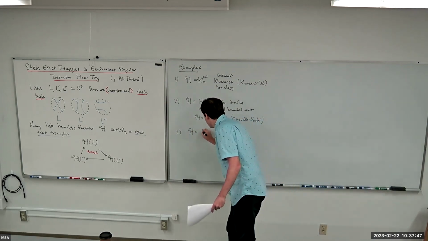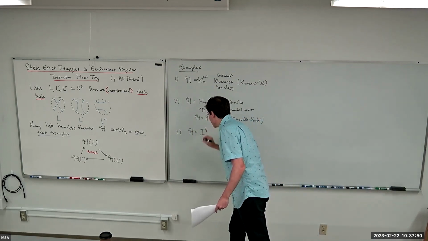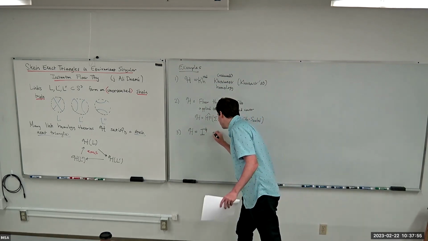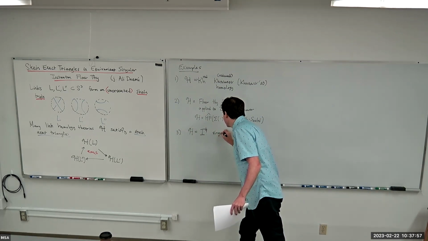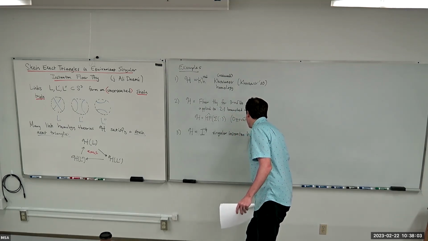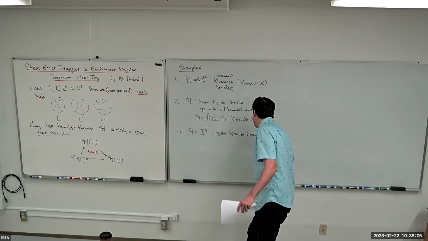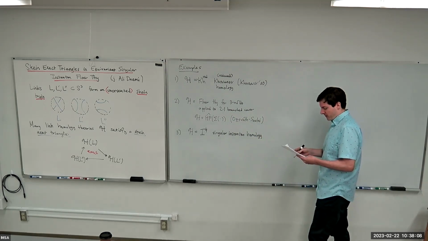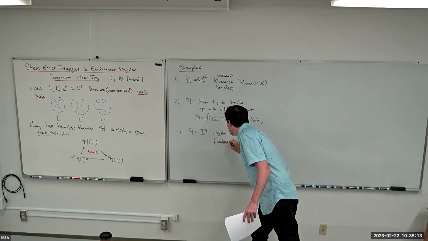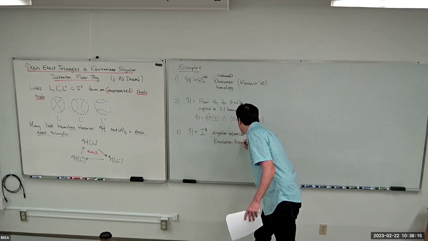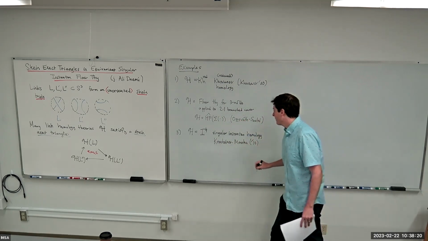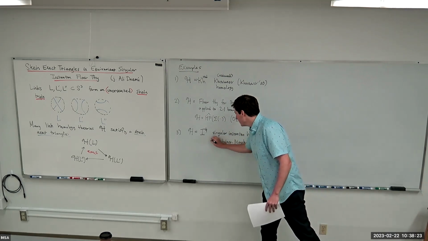So the version I'm going to care about is called I natural, and this is singular instanton homology, defined by Kronheimer and Mrowka. This particular version around 2010.